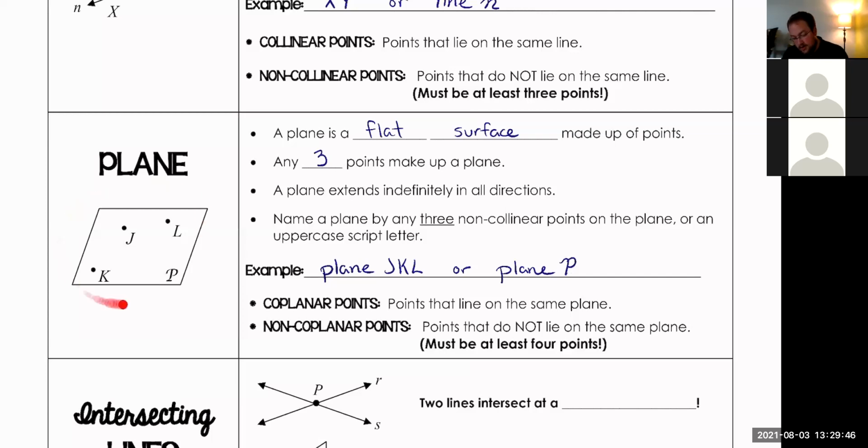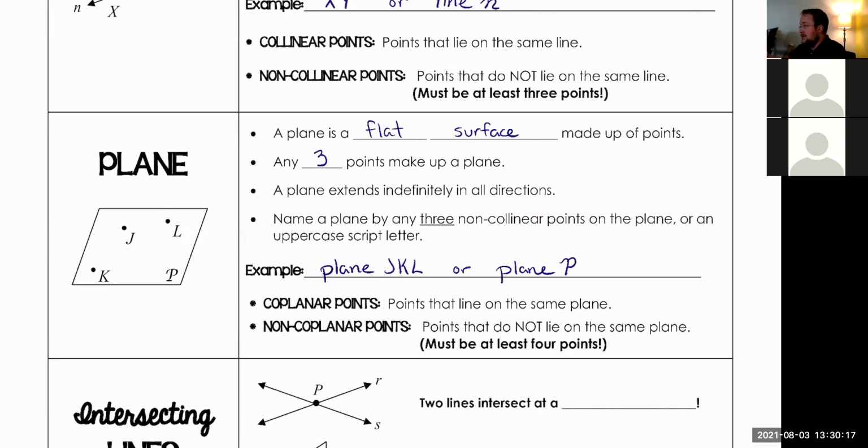Again, I'm pulling this all from the diagram here that was provided for us. So J, K, and L are points on the plane. P is just the name of that plane, one of the ways to name it. Again, similar with collinear and non-collinear, we have coplanar and non-coplanar. So if all the points exist on the same exact plane, they're considered coplanar points. Whereas if one or more of those points do not exist on the same plane.